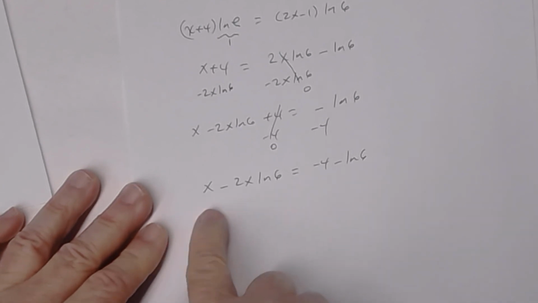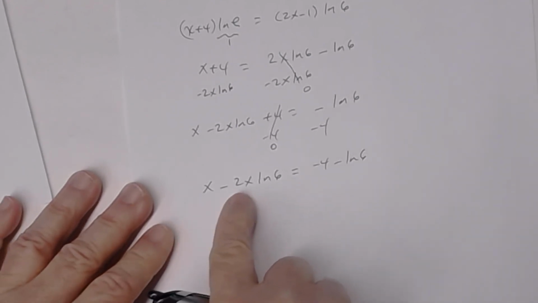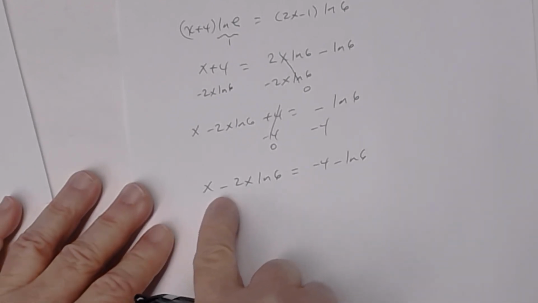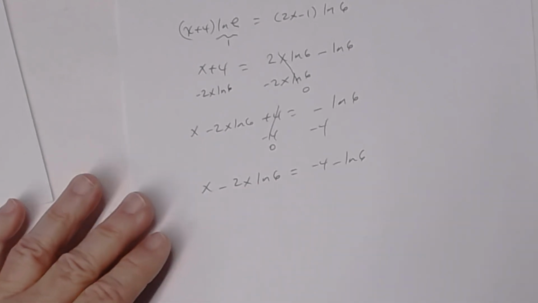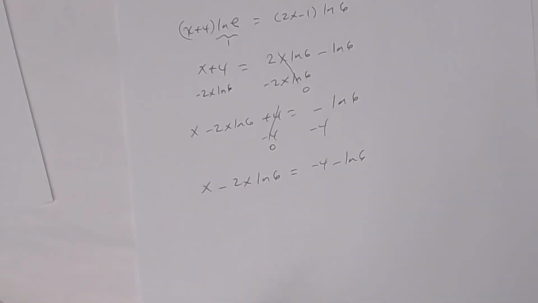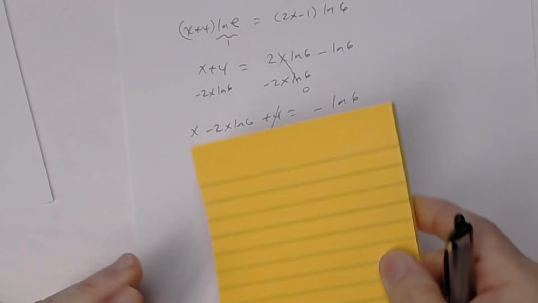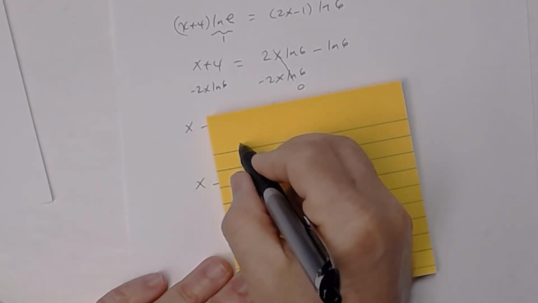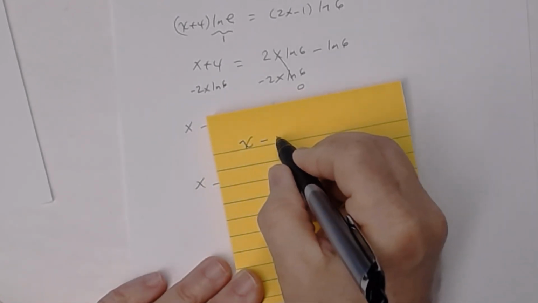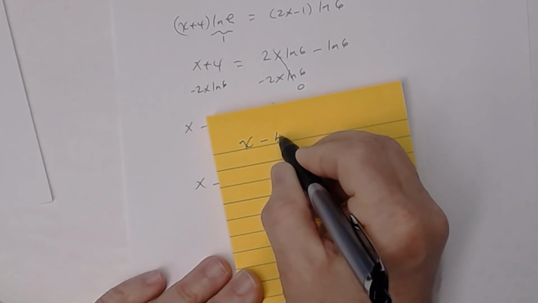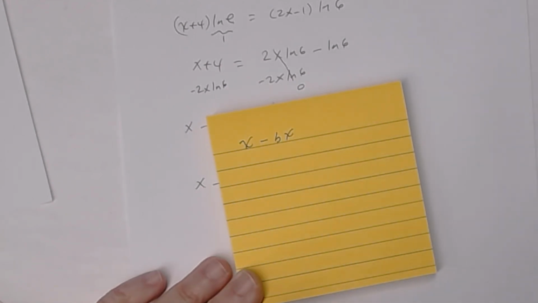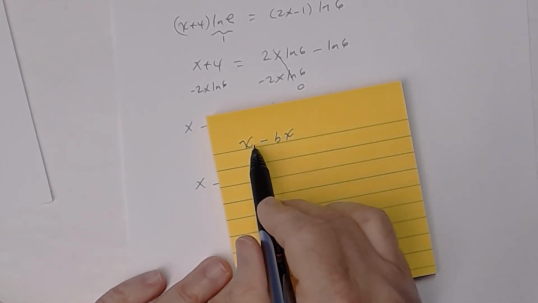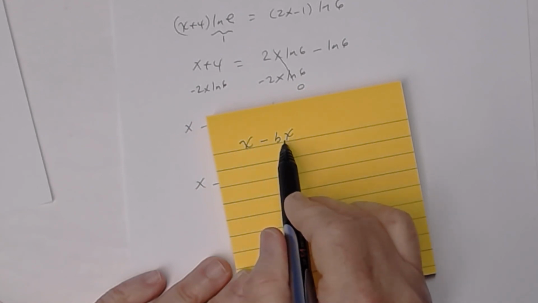And then notice this, don't let that throw you off right here. It is very similar to something you've had before. Let's say I had x minus, I'm making this up, let's say bx. You remember both of those terms have x in common, right?